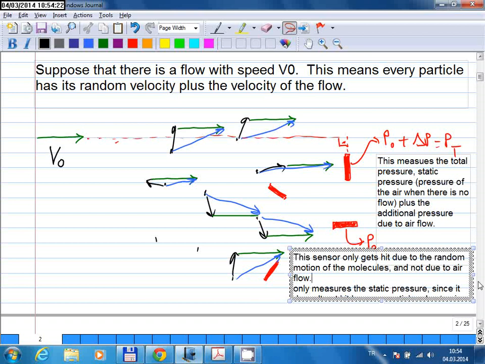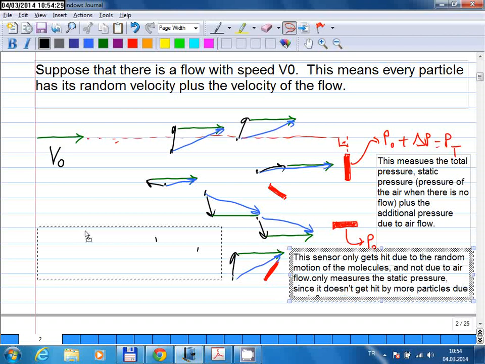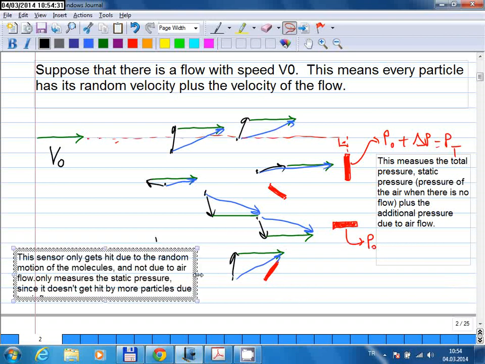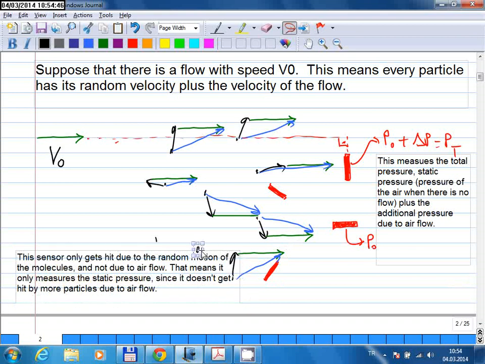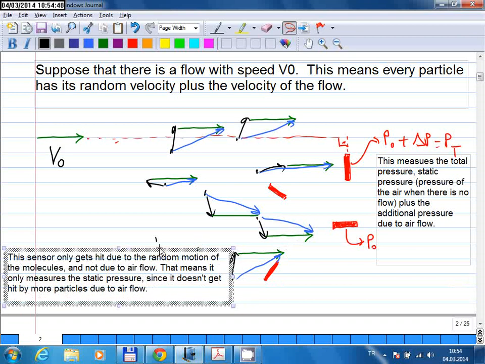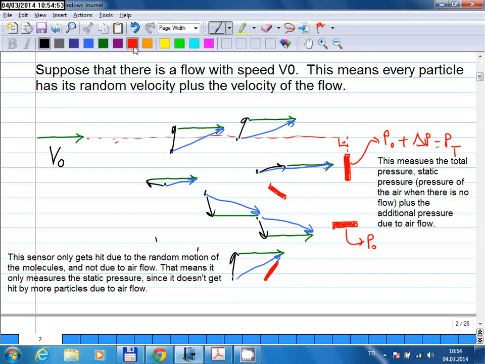They just pass parallel to it. So let me move it here and make it bigger. That means it only measures static pressure. And let me make sure that I'm talking about this sensor here.